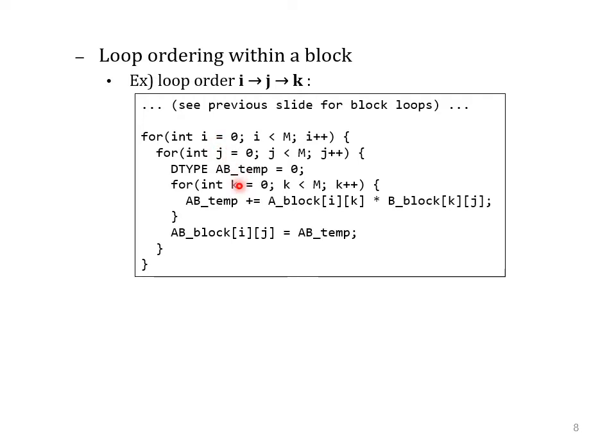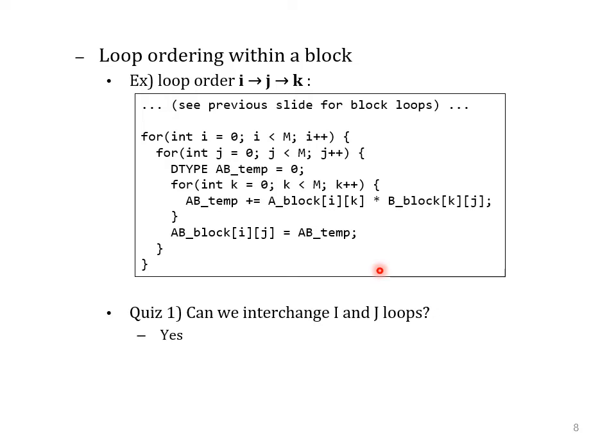And let me ask you a question. Can we interchange the i and the j loops? By interchange, I mean, can we swap the location of i and j loops and still get the correct result for the AB block? The answer is yes.